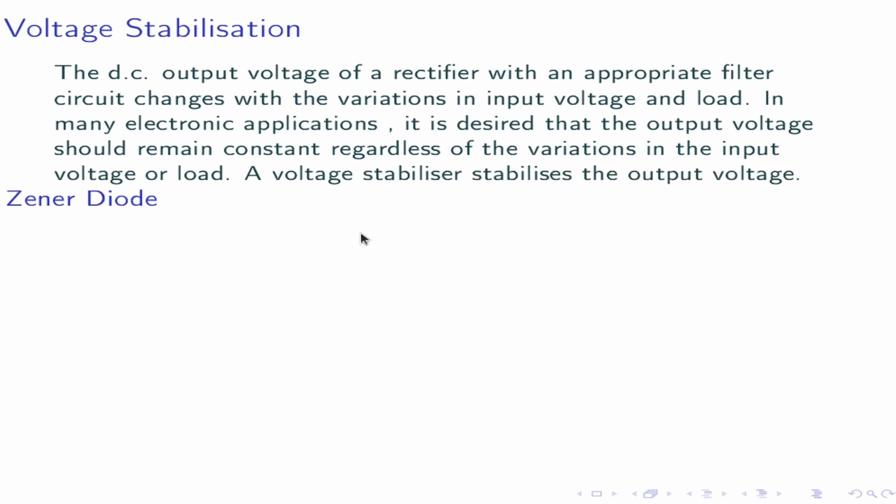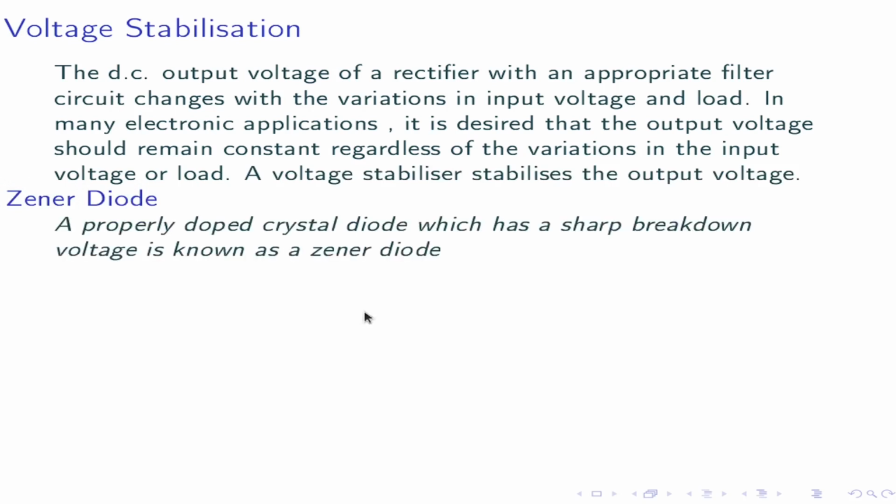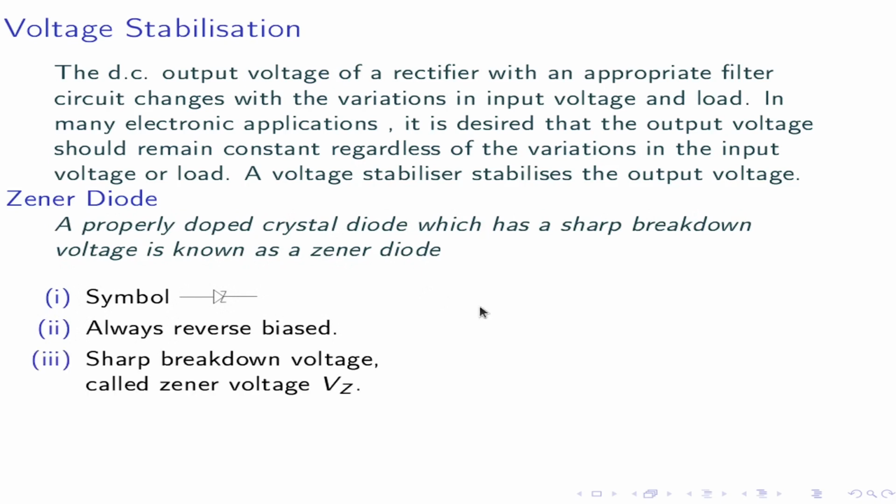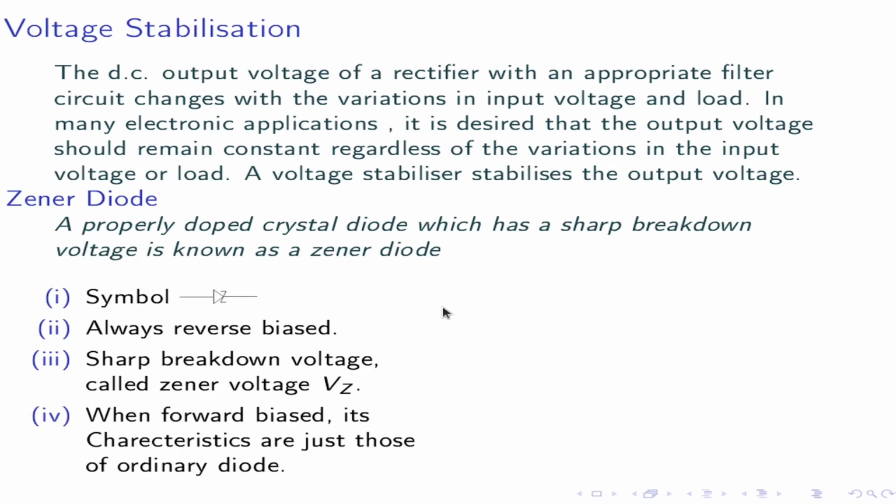Let us study the Zener diode. A Zener diode is a properly doped crystal diode which has a sharp breakdown voltage. The Zener diode is always reverse biased and it has a sharp breakdown voltage, called the Zener voltage. When it is forward biased, it is just like our ordinary diodes.